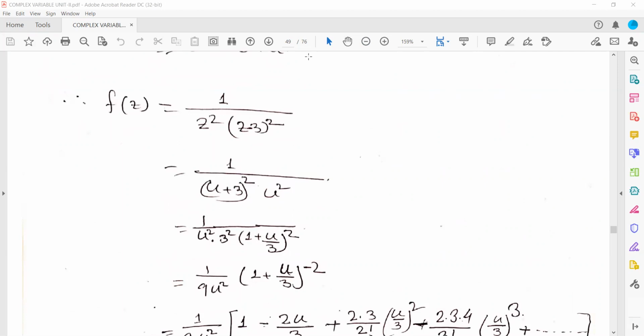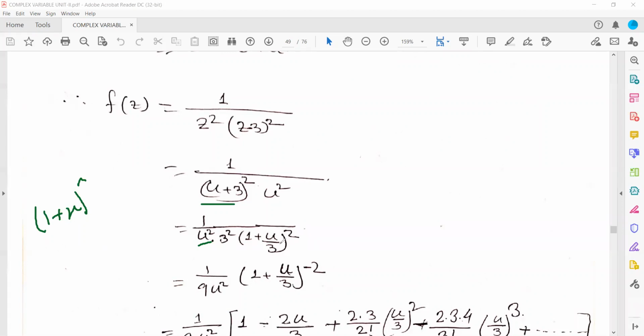Try to make it of this form: the denominator part u square is already there. Now we take 3 common to make it 1 plus x, whatever will be the power, 1 plus x form or 1 minus x form. So if you take 3 common, you'll get 1 plus u by 3 whole square.